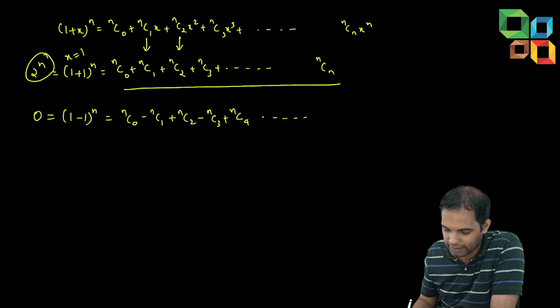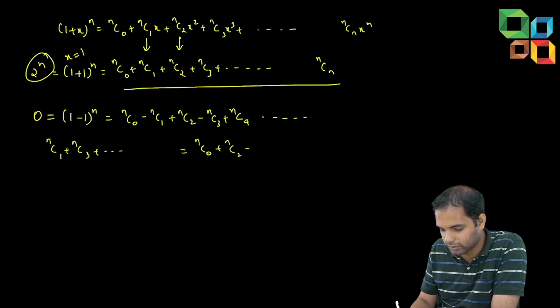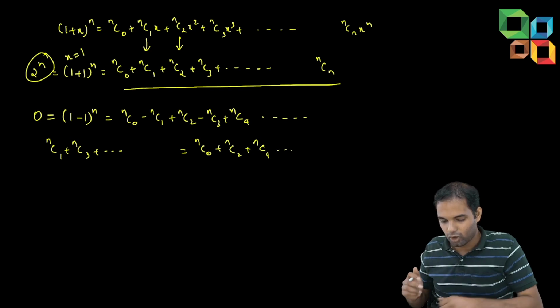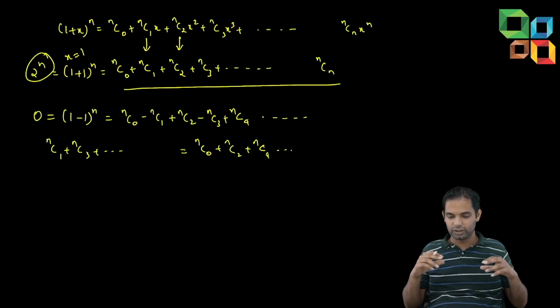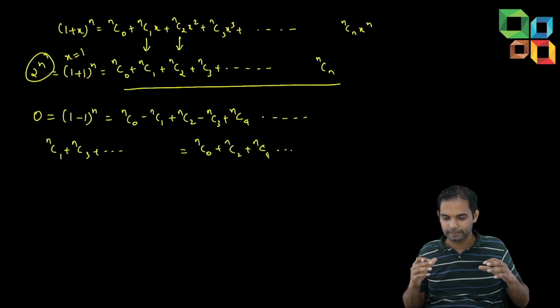Again, it depends on n. Correct. Now, what do we know from this? Just let me take the terms on one side, nC1 plus nC3, so on. And here I have nC0 plus nC2 plus nC4. Can you see that? All the even terms should be equal to all the odd terms, irrespective of the value of n.